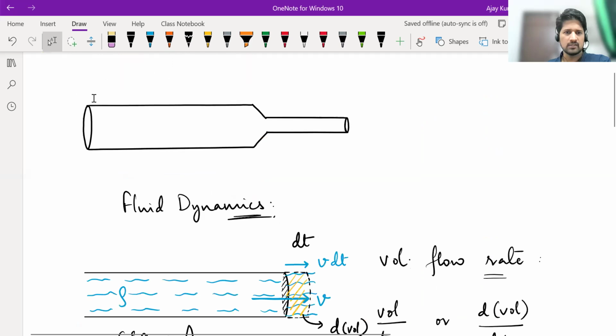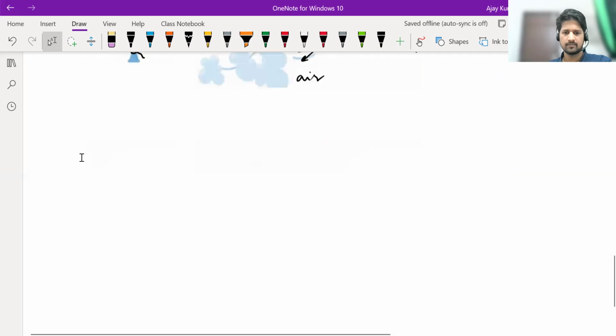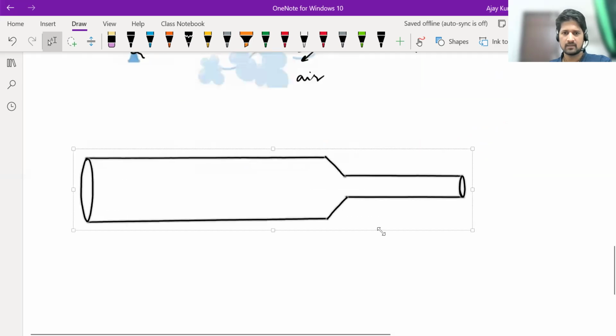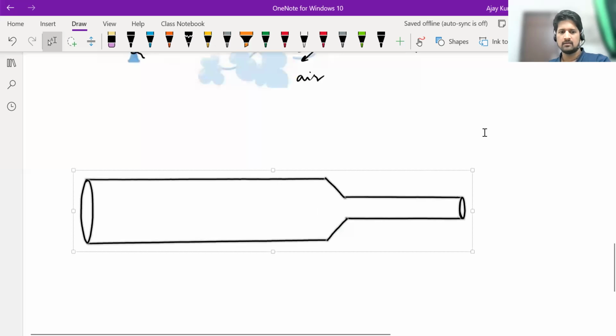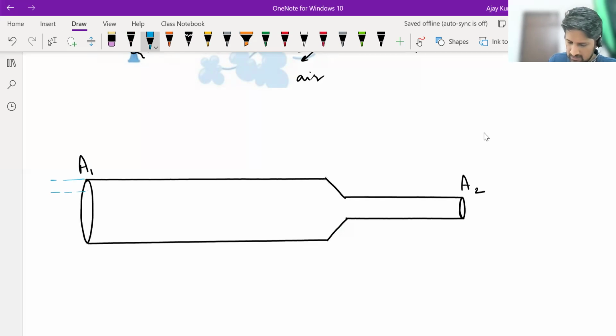Fine. Now consider a tube like this, a tube of varying cross section. Assume the area of cross section at one point is A1, and at another point in that same tube is A2, and let's say some fluid is flowing through it.